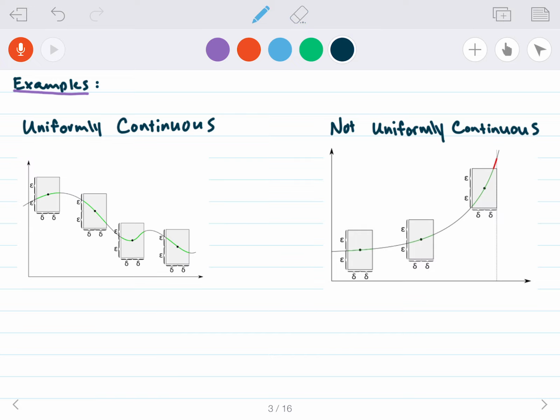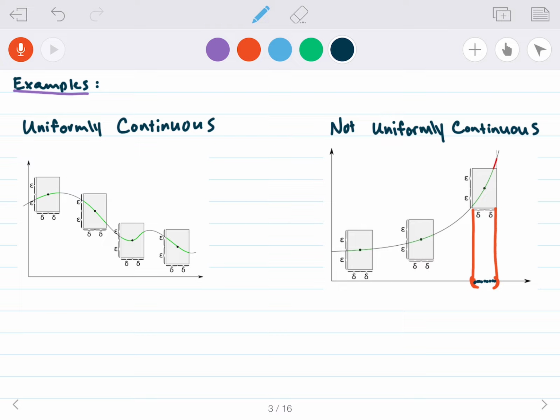Because if we project downwards this delta neighborhood, so I have this guy and this guy, and uniform continuity, or continuity in general, says, hey, all of these x's, when you look up at their image on the curve, that image better be in that epsilon neighborhood. But check this out.